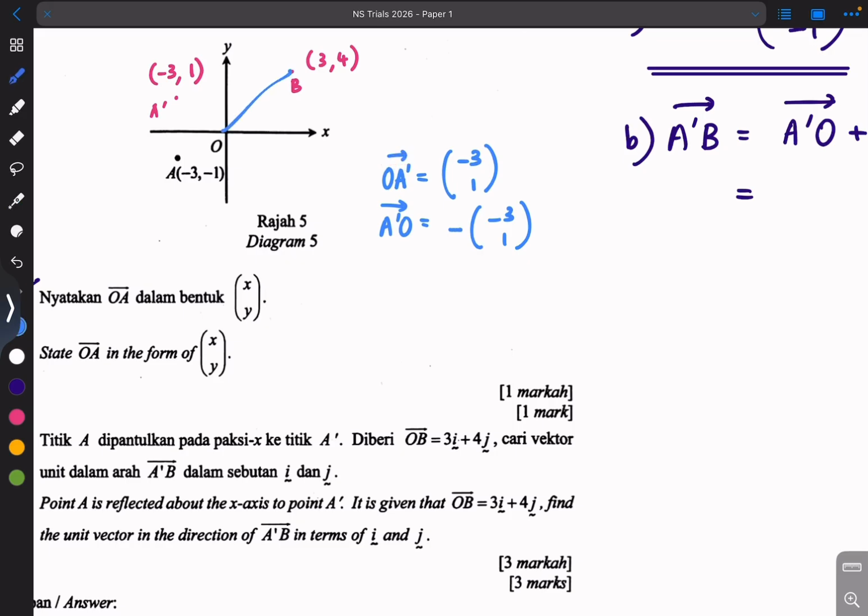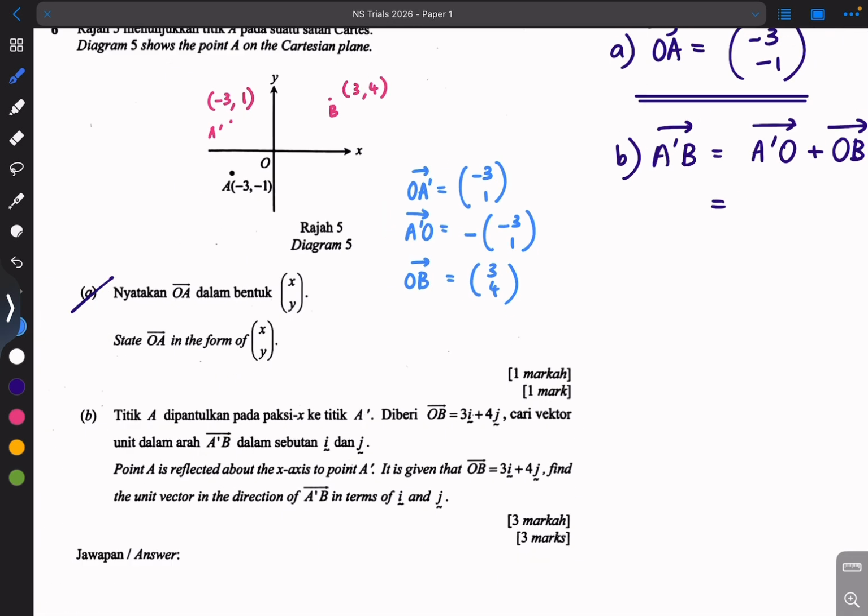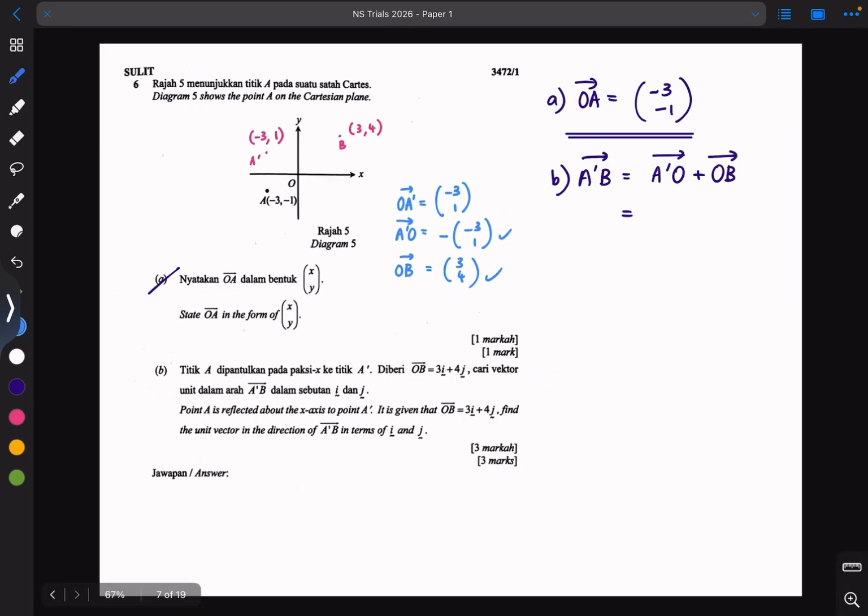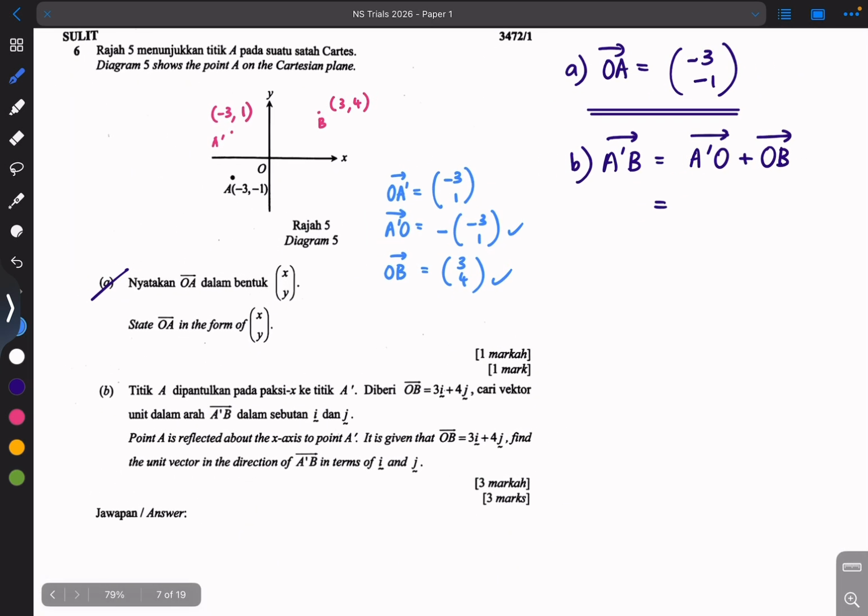Then vector OB would be 3, 4. Alright, so now that we have this and this, we can put it back into our equation. A prime O is 3, 1. OB would be 3, 4.